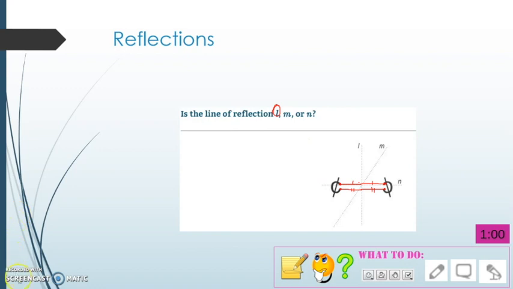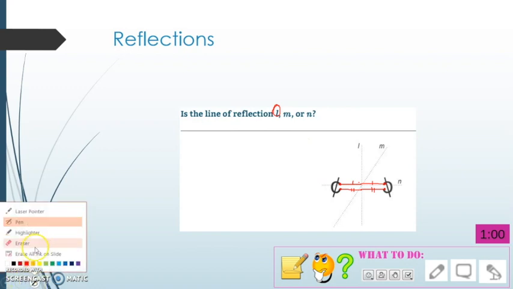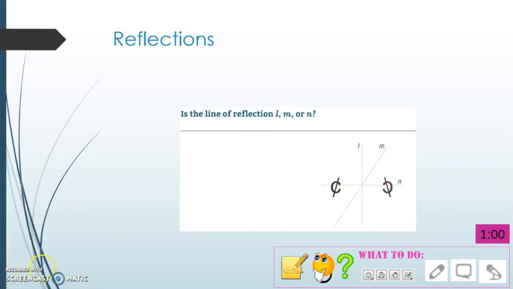Okay, and then you can test out the other lines to show that they don't work by sketching in your perpendicular lines. So M, if we were to draw from this point, a perpendicular line to M would be about there. And then a perpendicular line to M would be about here. So they look to be about the same distance.